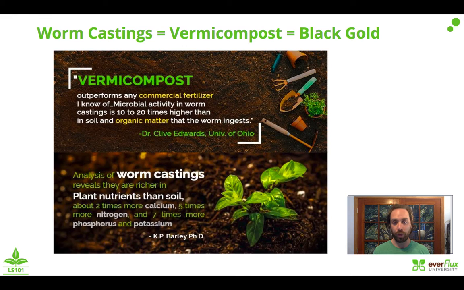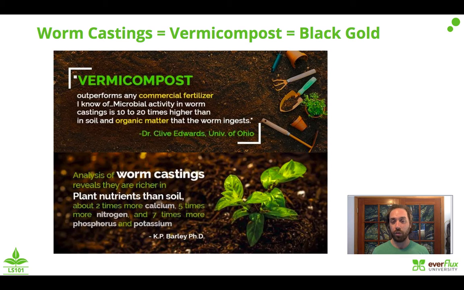So they are a rich fertilizer, and yet they will never burn your plants either, because those nutrients are in an organic form that is locked up and not readily available to the plants. It needs to be made available by microorganisms, but they're very rich in plant essential nutrients.